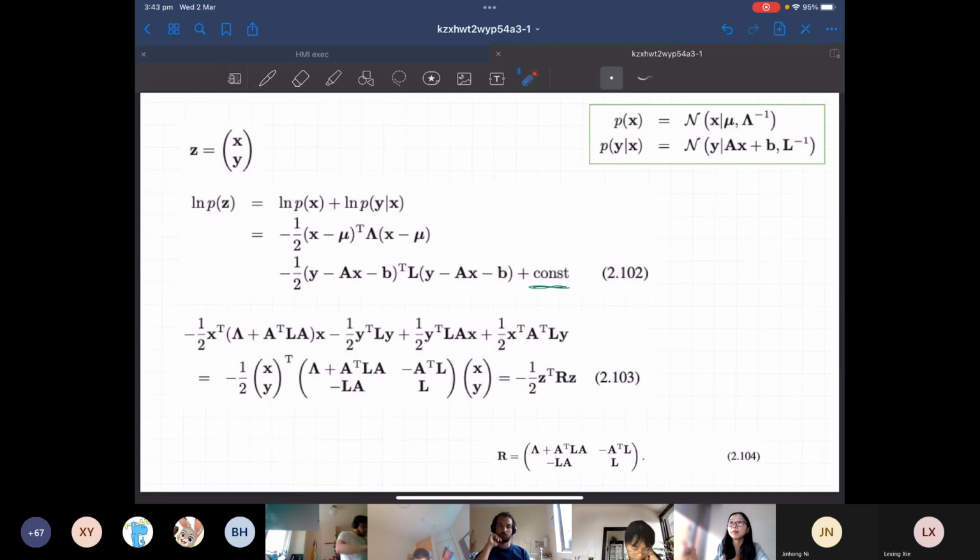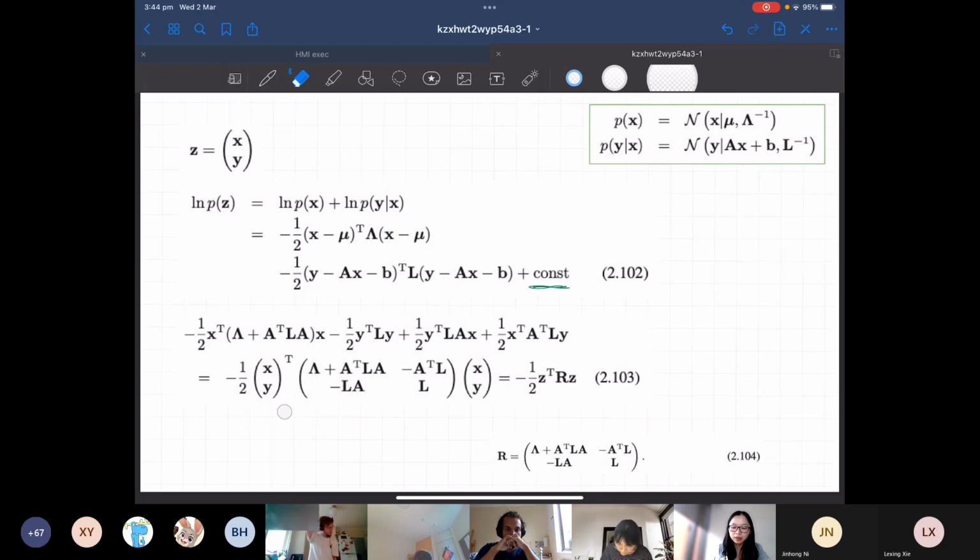Because if we complete the squares in terms of y, we get essentially the marginal of y. And if we complete the squares about x, using y as a constant, pretending y is a constant, that will give us the expression of x given y. So in here, x and y given x are these quadratic forms.